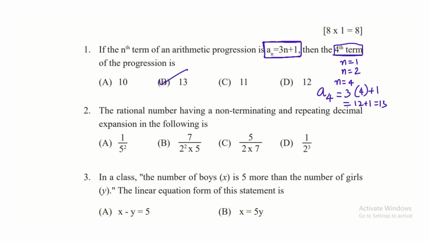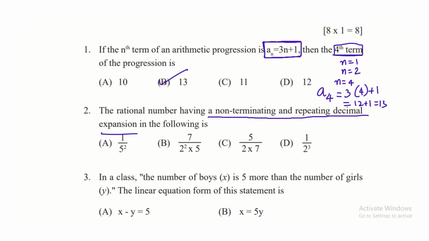Second question. The rational number having a non-terminating and repeating decimal expansion in the following is. So we have to identify a rational number which is having a non-terminating and repeating decimal expansion. So it's very simple.